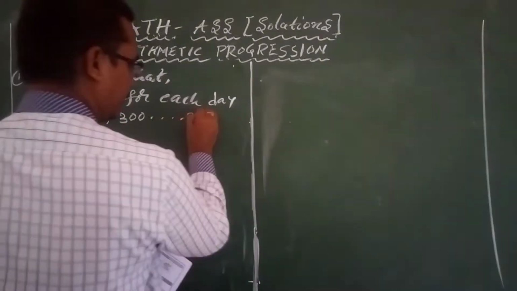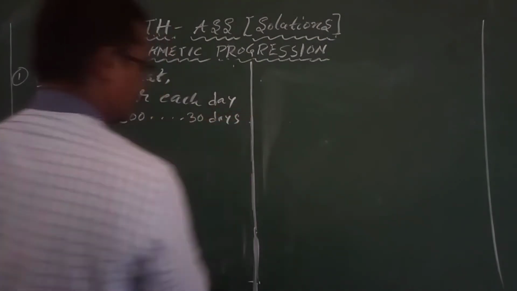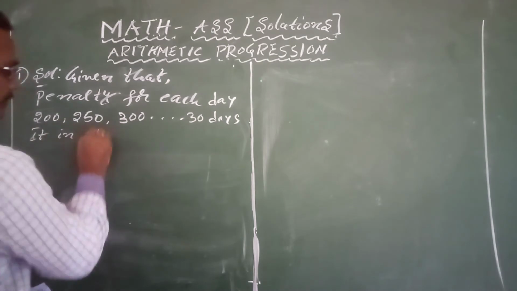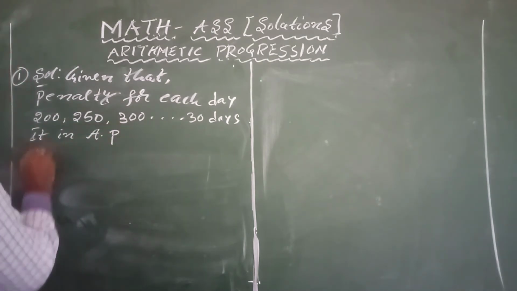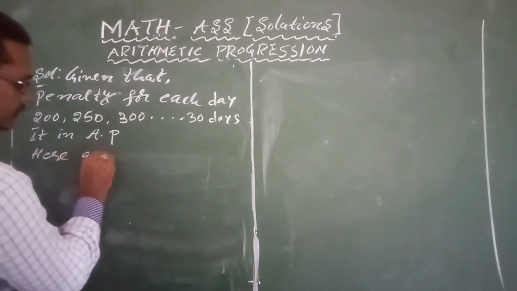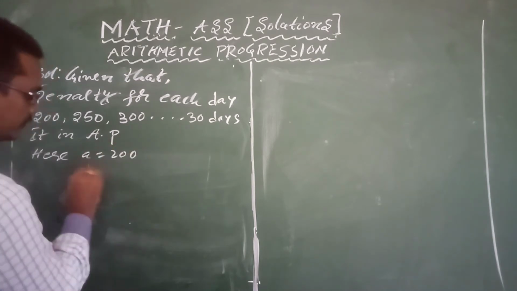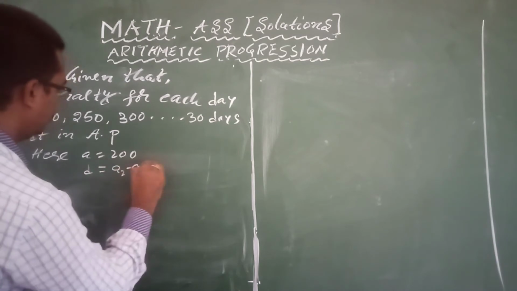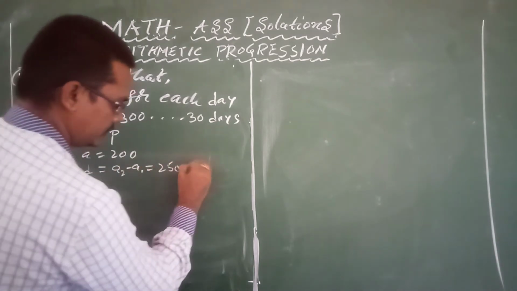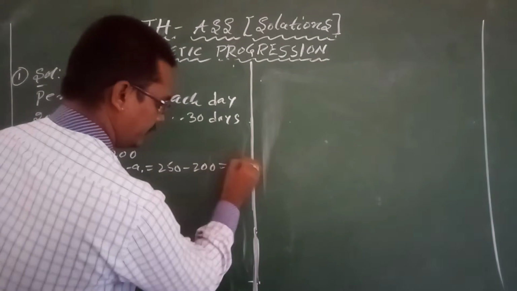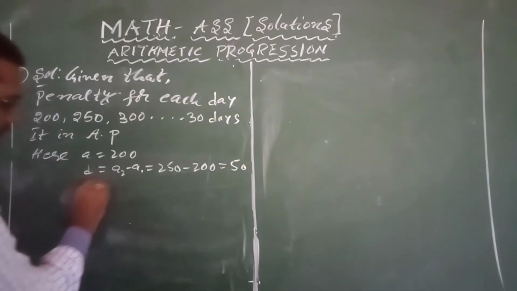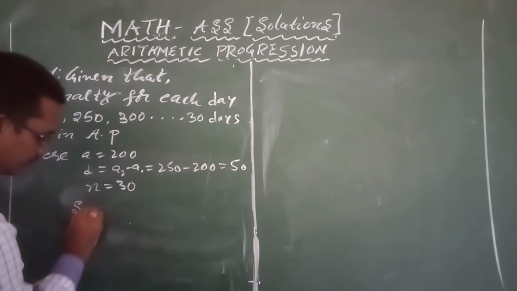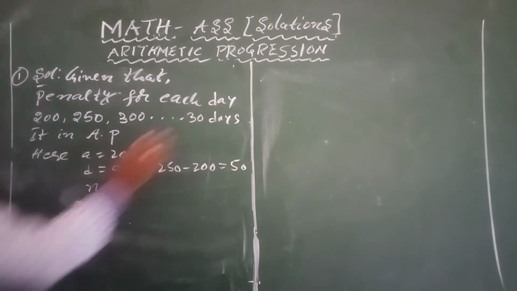Here 30 days are given. So a is equal to 200, the first term, and d is the common difference, a2 minus a1, 250 minus 200 is equal to 50, and the number of days n is equal to 30. Here the total amount to pay in 30 days is asked.